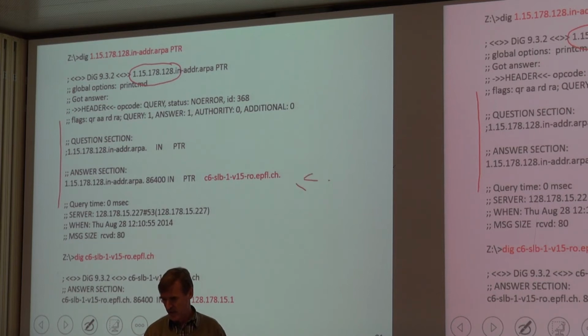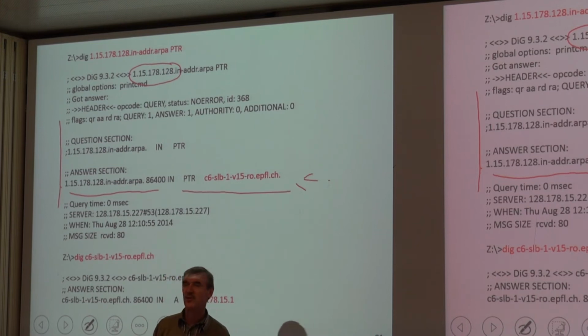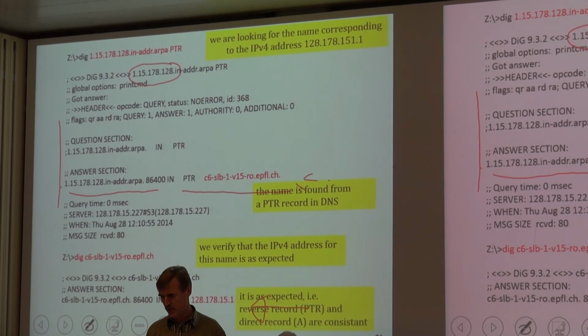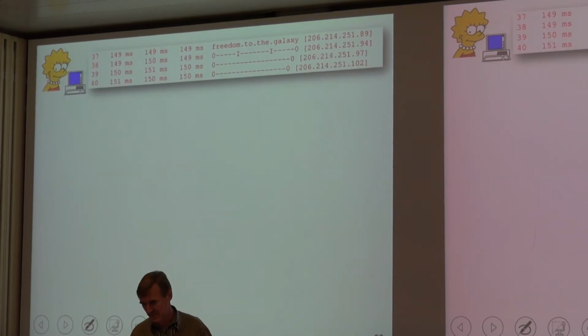This record is mapped to a name, which is given here. Now, if I do the reverse of the reverse, which should be the same as the direct query, I ask the DNS server to find me the IP address of this name, then I go to another record, and hopefully the two are consistent, that gives me back the IPv4 address, which is what is illustrated here.